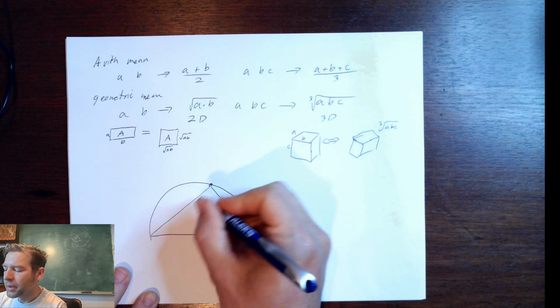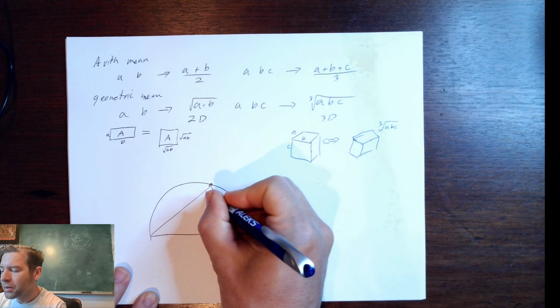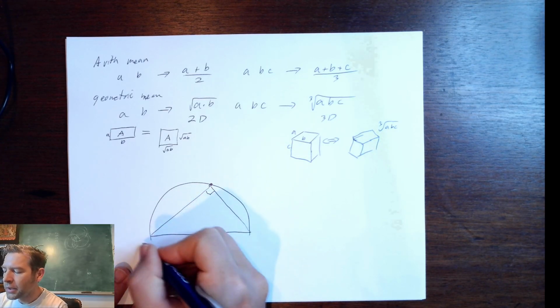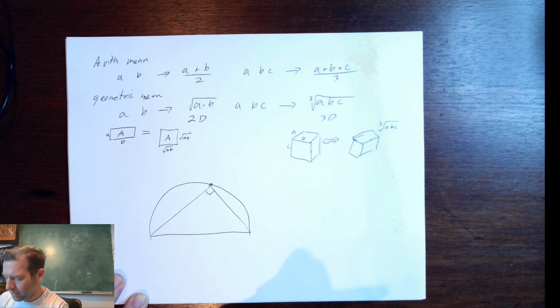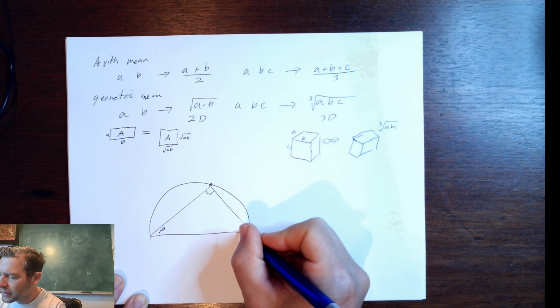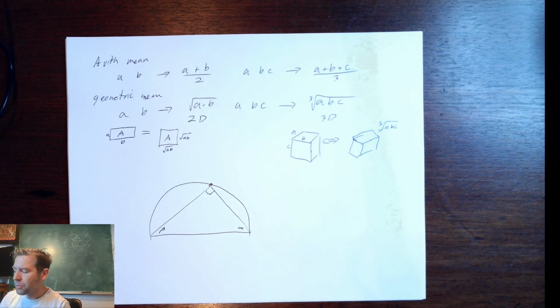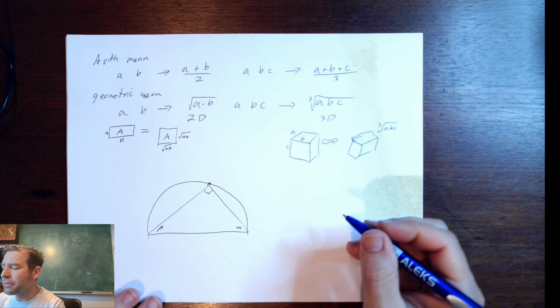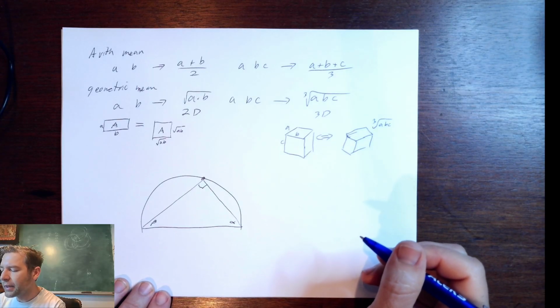And I claim, and perhaps you already know, that this triangle is in fact a right triangle. I'll go ahead and label the different sides of this in some ways, and we will build ourselves up to understanding where the geometric mean is living in here.